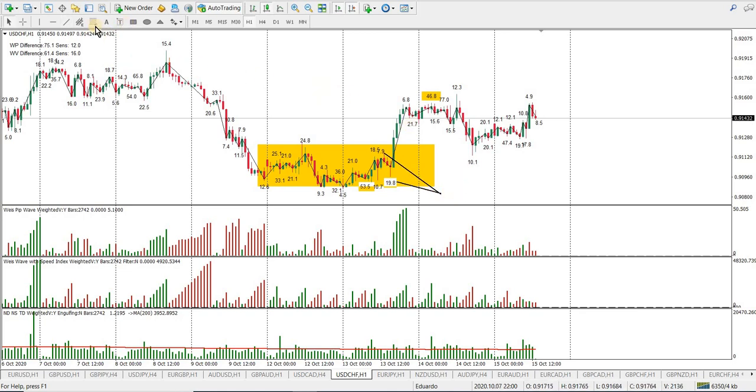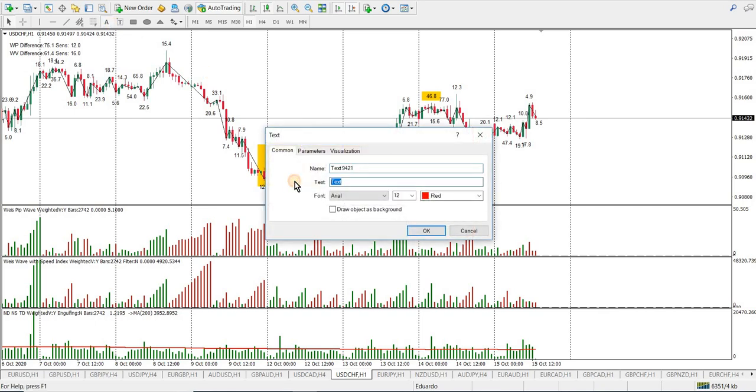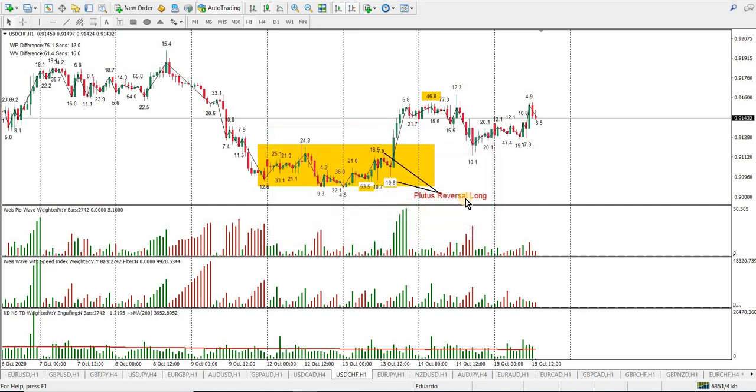That is a Bluetooth reversal long pattern. Okay. This one also. The 21 with that 53.